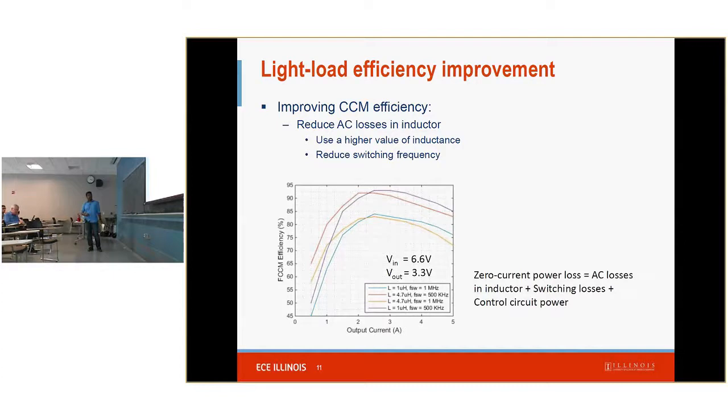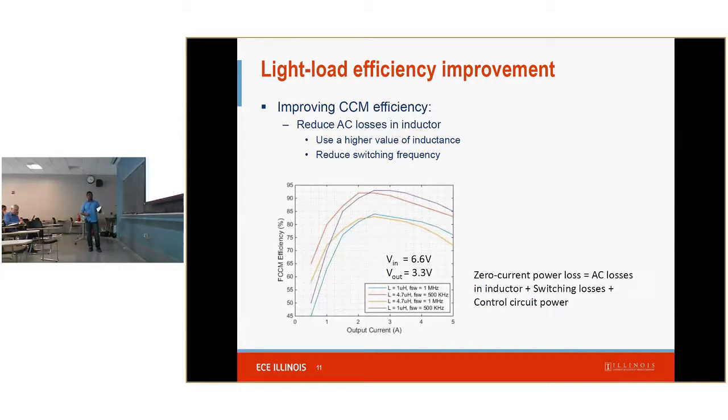This is how typically the efficiency curve is going to look for a forced CCM DPP converter. We are going to have below 80% efficiency below 1 amp for a converter that is made with a 4.7 microhenry inductor.